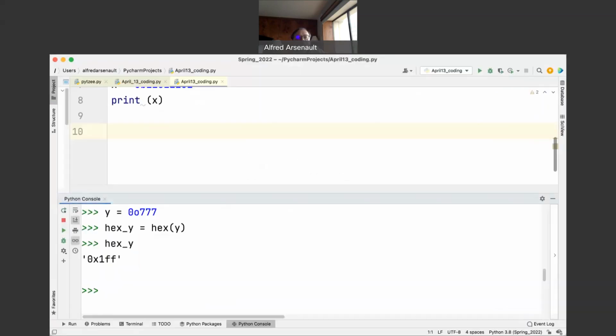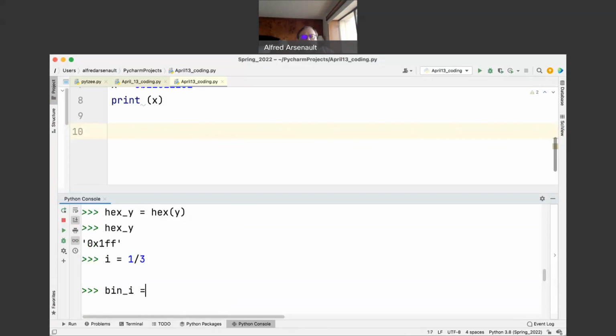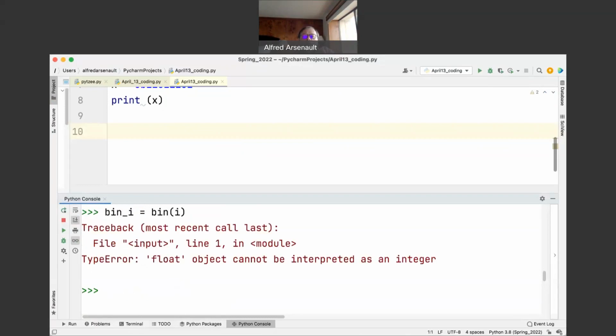Now, why is it important to understand that computers operate in terms of bits? Suppose I have i equals 1 divided by 3, bin i equals bin of i. Oops, sorry, that only converts from integers. You can't convert floats.